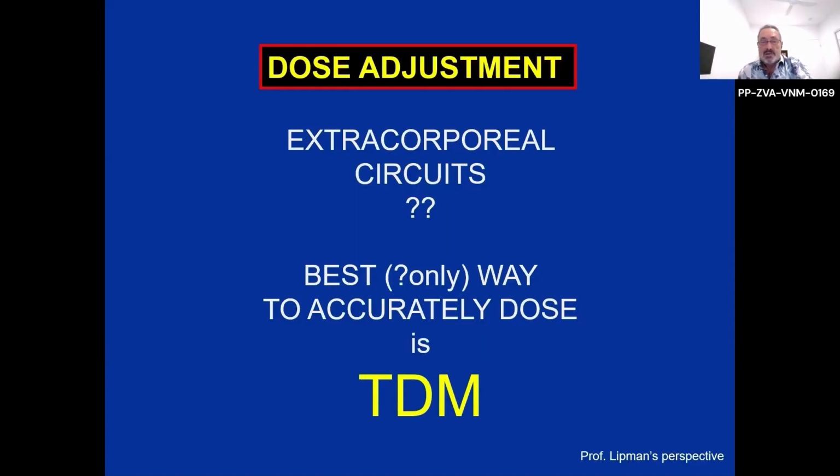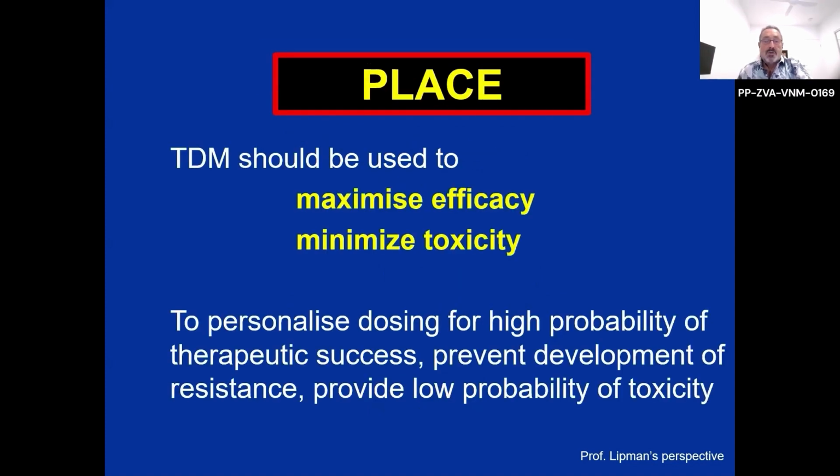So we suggest, if you can, to use therapeutic drug monitoring. That's the best way we can suggest to measure the PK of various drugs. And the way you use TDM is to maximize efficacy or to minimize toxicity.